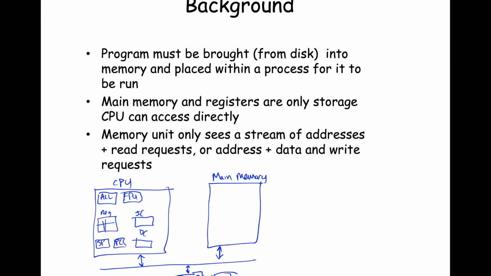Okay, so we have our program sitting on disk, and when you run this program, it's loaded into memory. So here's your program loaded into memory, and then parts of that program, both its instructions and data, are loaded into the data cache and the instruction cache.